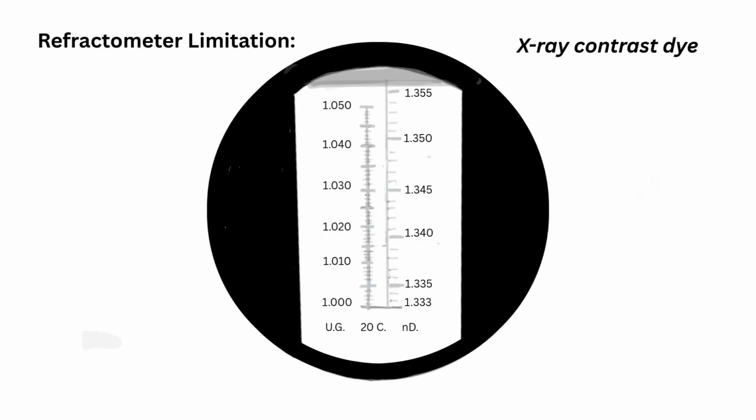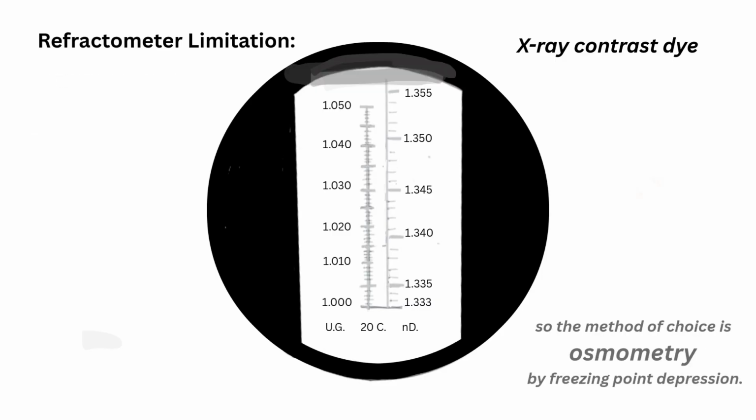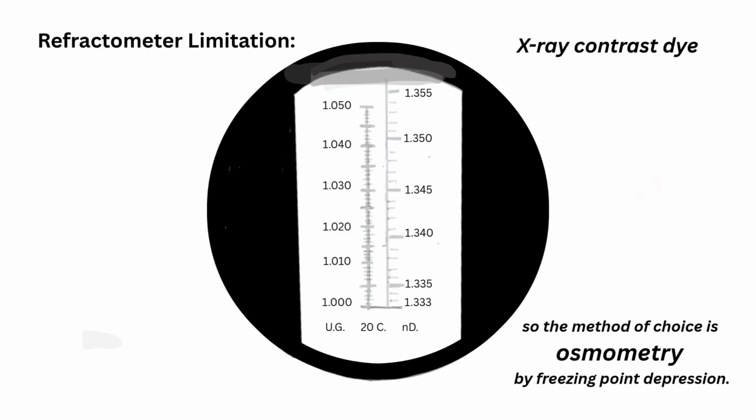The refractometer has its limitations, one of which is X-ray contrast dye. X-ray contrast dye will exceed the upper limits of the urine refractometer. In this case, the best method to measure urine concentration when there is an X-ray dye interference is to use osmometry, which we will cover in a later video.